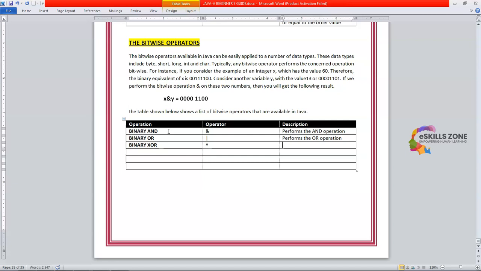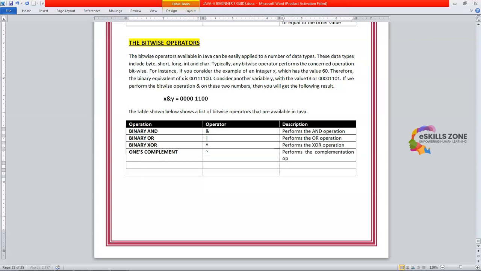It actually performs the XOR operation. Next one is ones complement. And the symbol used is the tilde symbol. It performs the complementation operation on a unary variable.